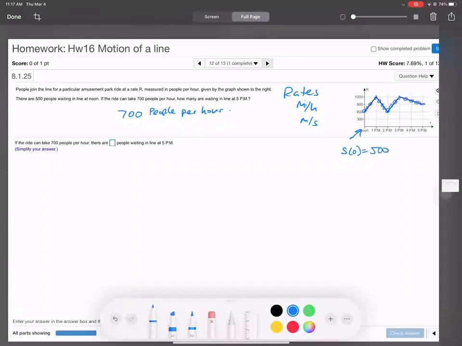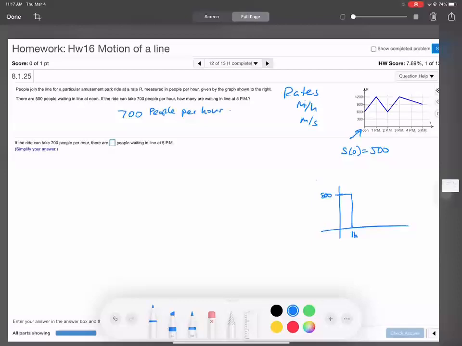Now, this part is confusing, so what if instead of it being curved, I draw you a different graph just to get the idea here? The rate is 800 people per hour for 1 hour. How many people lined up in 1 hour?